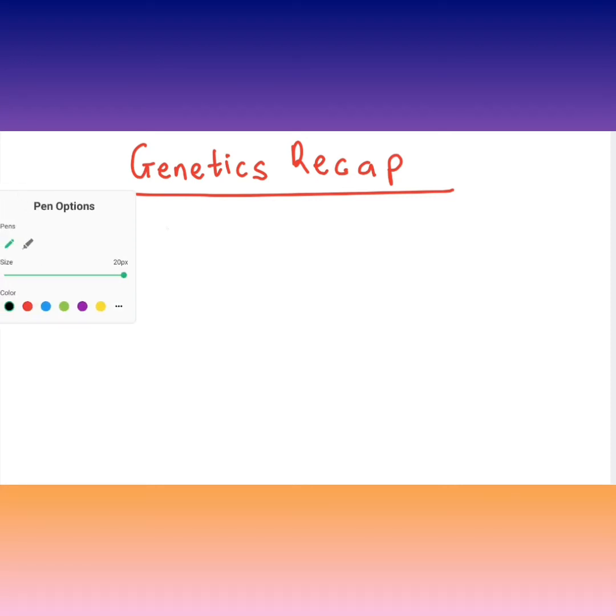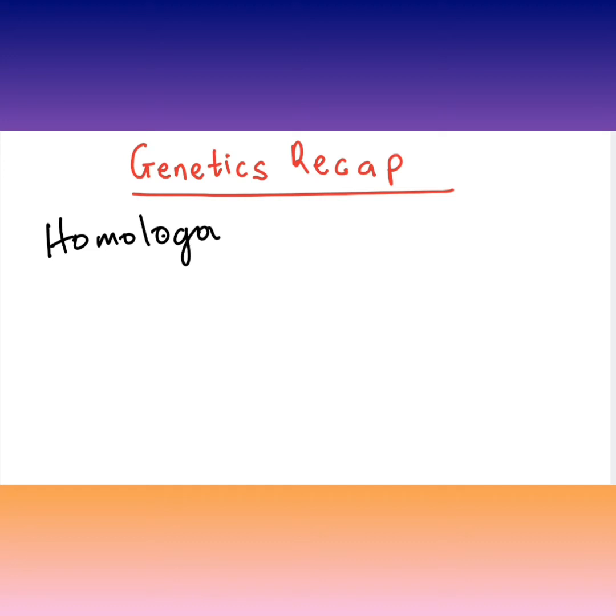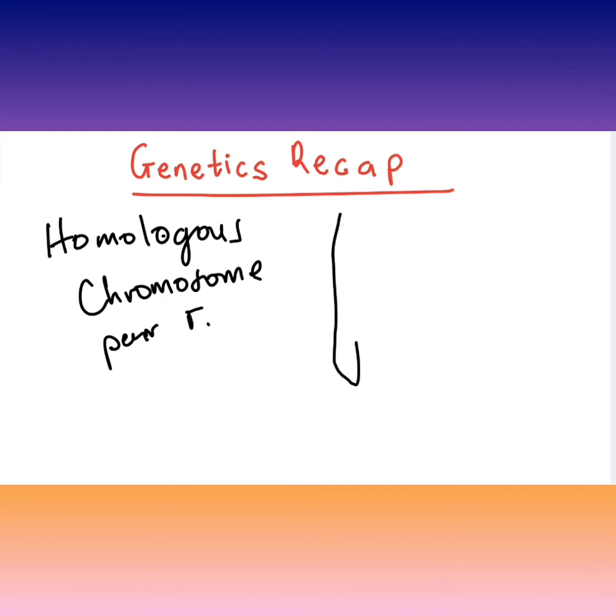Now, this homologous chromosome pair is going to be called homologous chromosome pair R. Now we have one coming from the mother and we have the other coming from the dad.